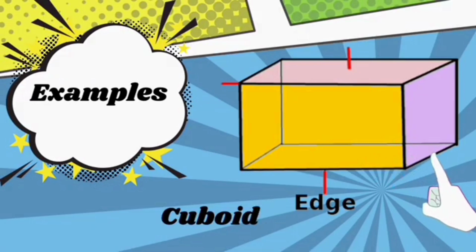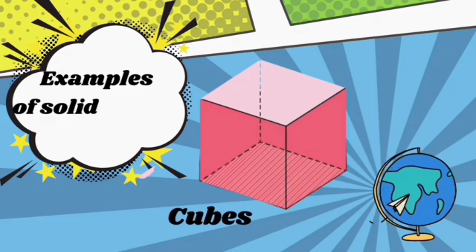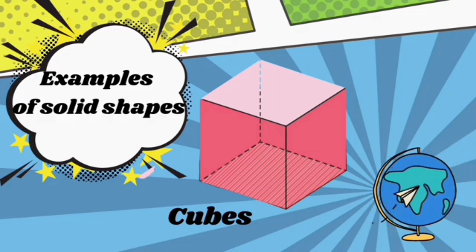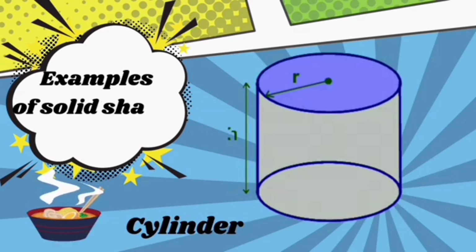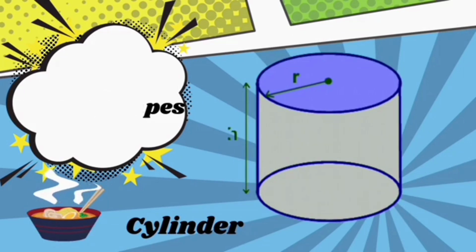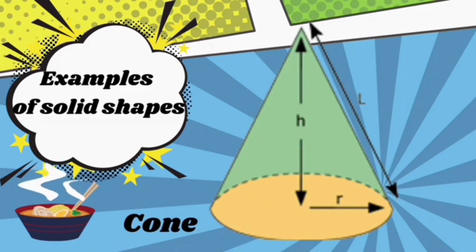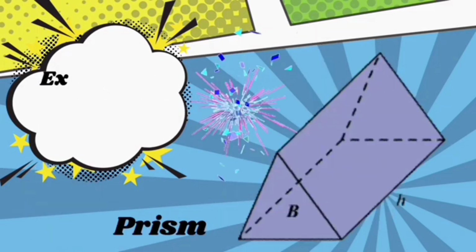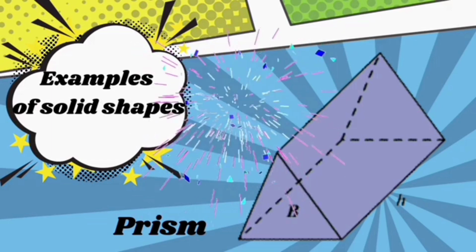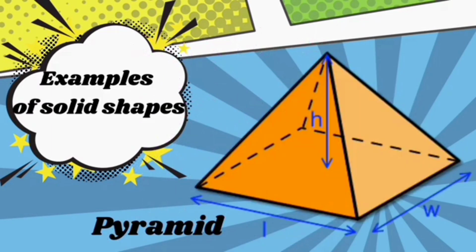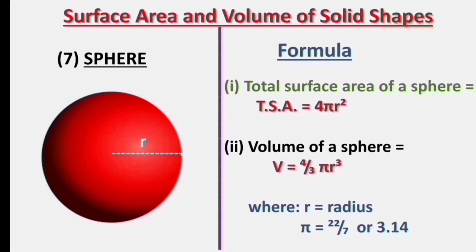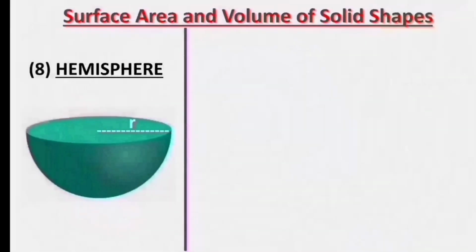Some examples of solid shapes include the cuboid, cube, cylinder, cone, prism, pyramid, sphere, and hemisphere.